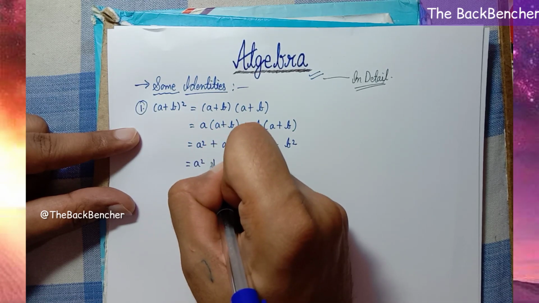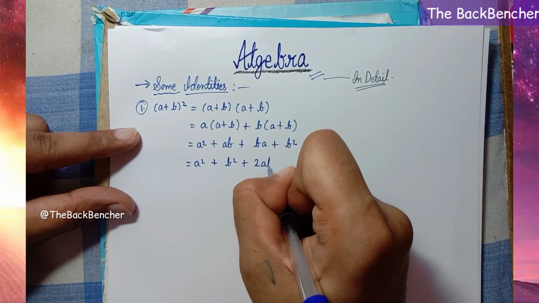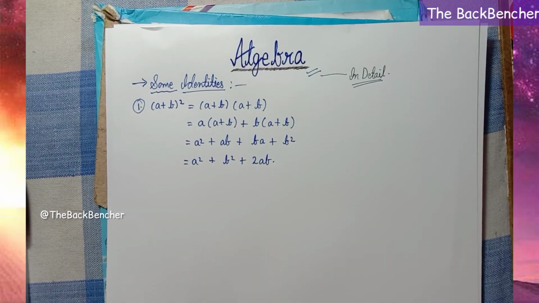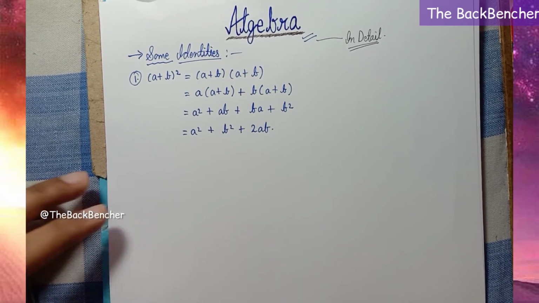After further simplifying it, we will get a square plus b square plus 2ab. This is the most simple and basic form of proving this identity.